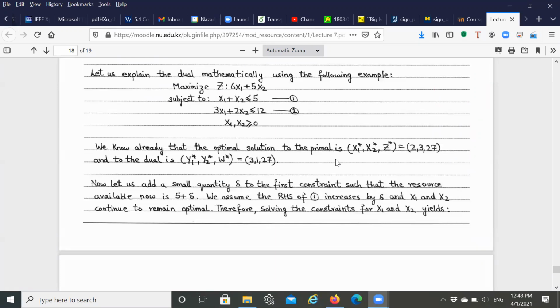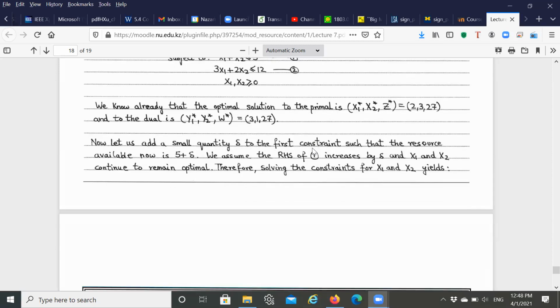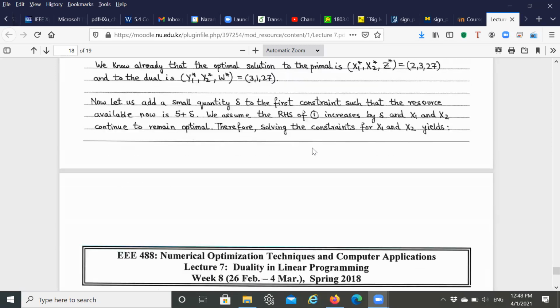The marginal value means that if I marginally change the resource without making any of these non-basic, that means x1 and x2 should remain basic, then as long as they remain basic, if I change my resource by either increasing or decreasing, that tells me the rate at which I can produce more products, which is given in my objective function. Yeah, that's very handy.